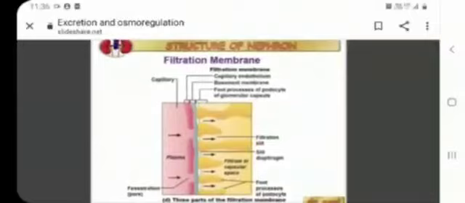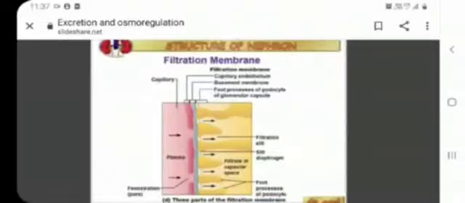It is the section where all the three structures are seen. First, the capillaries. Second, the filtration membrane or the basement membrane. And the Bowman's capsule or the cell present in the Bowman's capsule, shown by the yellow coloration.